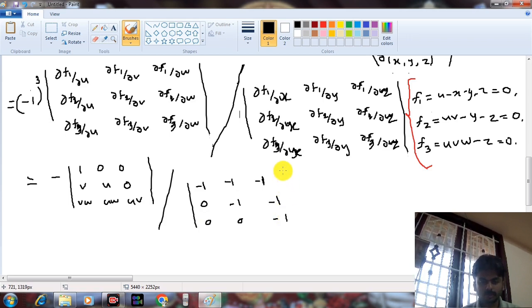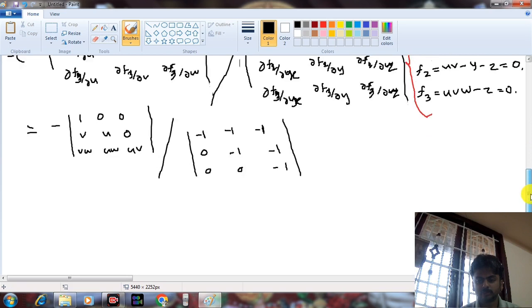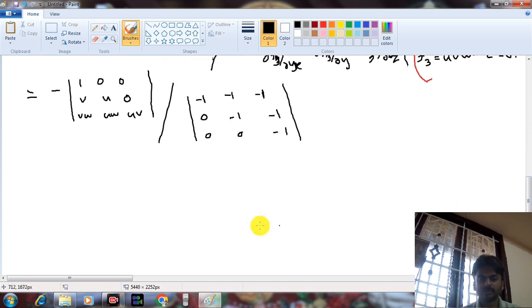Now we have to find the values. Since these two are triangular matrices, we can easily find the determinant value. That is minus of 1, only the first term on this side.